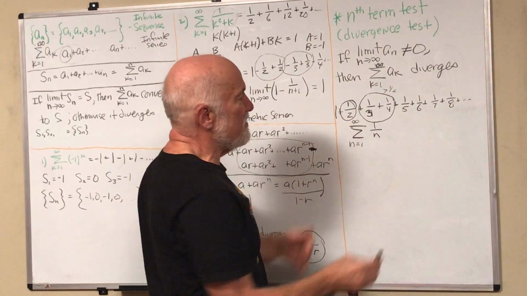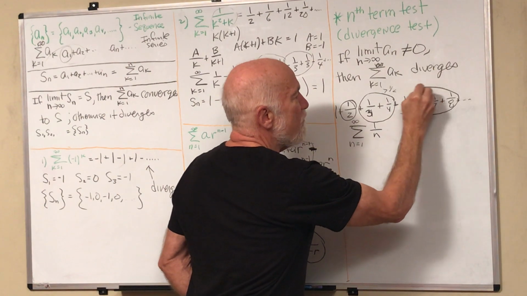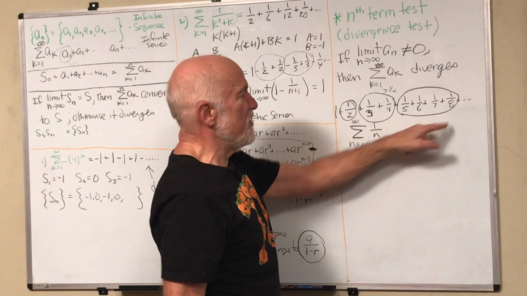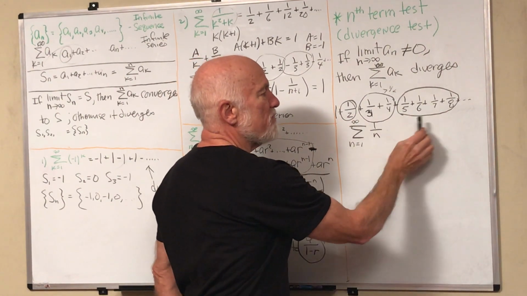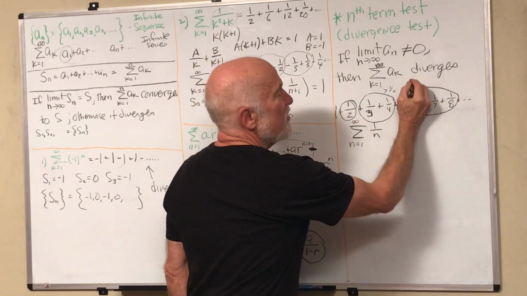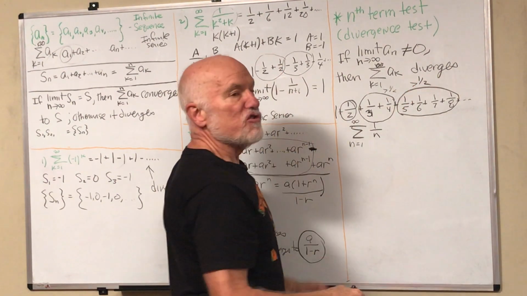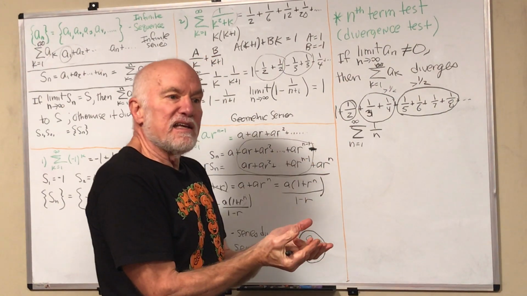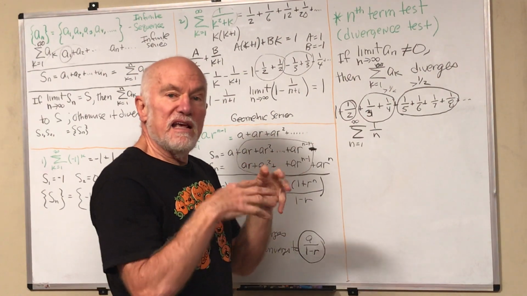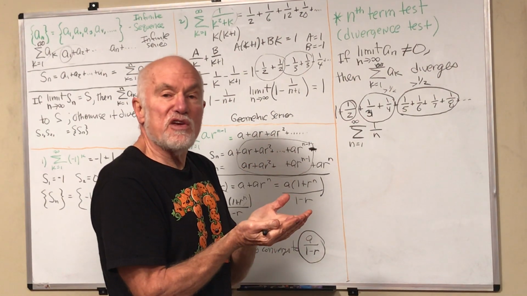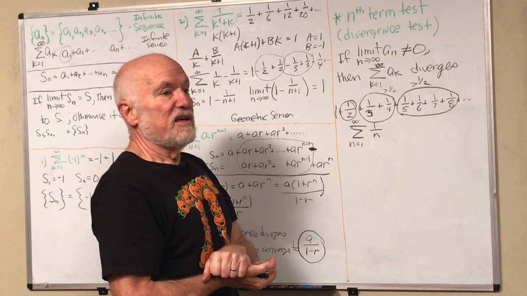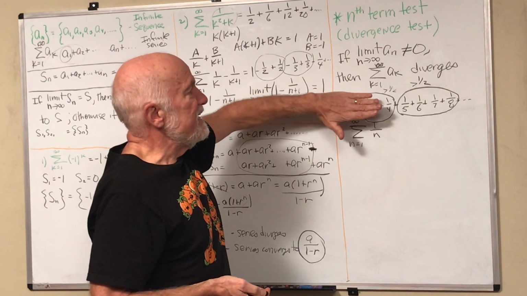And if I keep doubling the things, if I take now 4 things and add them together, 4 of these numbers in the series, all of these numbers are bigger than 1/8, except for that one, which is equal to 1/8. So this whole thing is going to be greater than 1/2. So you can keep accumulating by doubling the number of terms you take, you keep getting these groups that are bigger than 1/2. So you can see that that diverges. So this only goes one way.